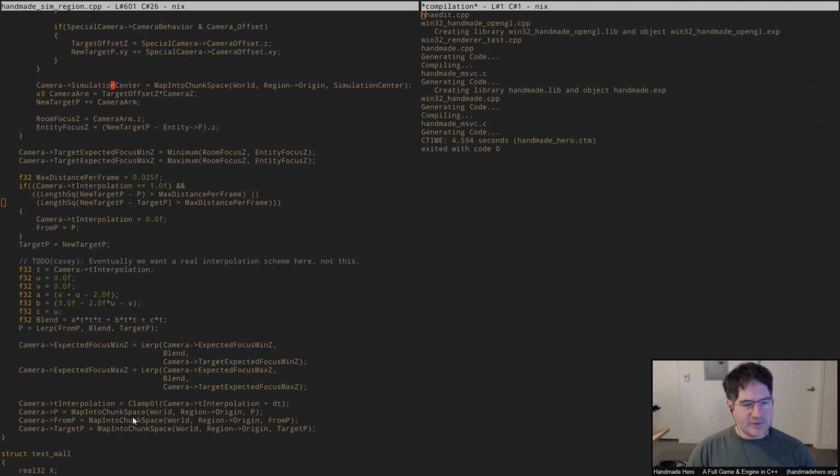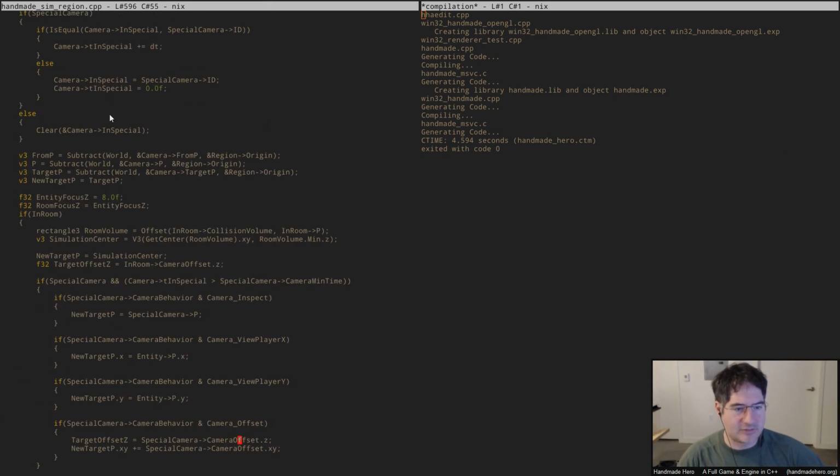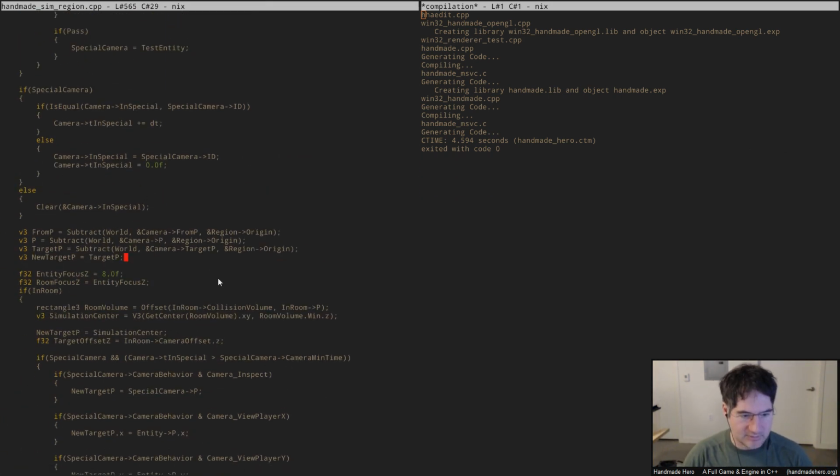So again, in theory, if we map everything back into chunk space, we should not be having any problems with origin movement because everything gets encoded in the same place and then gets decoded in the same place later. So the sim region shouldn't be able to affect us here, if that makes sense.